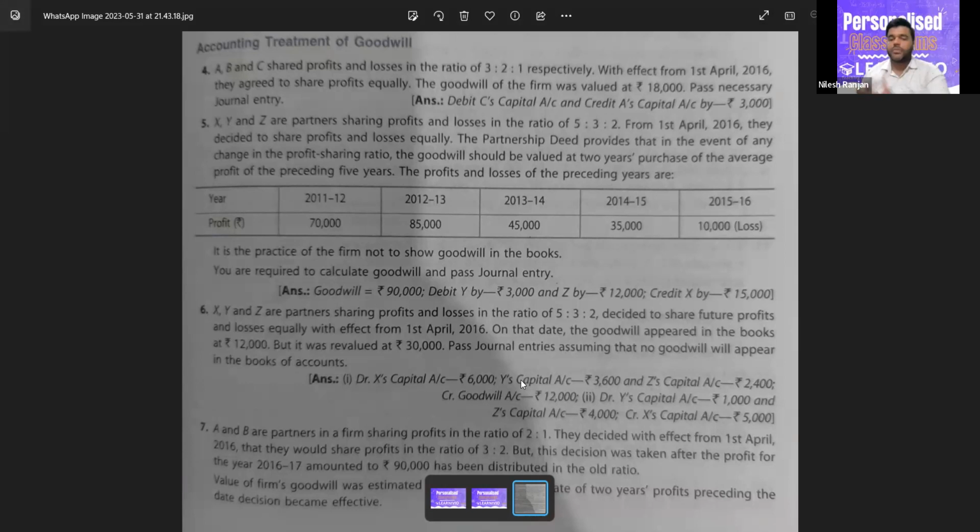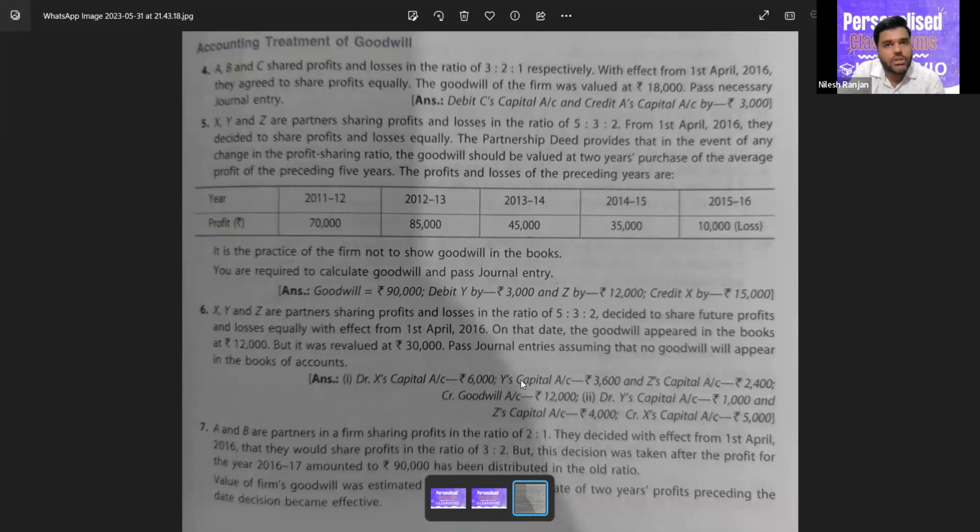Okay. Now, as we have already studied, goodwill is not recorded in the books until it is purchased. Okay, there are two types of goodwill: self-generated goodwill and purchased goodwill. We record only purchased goodwill in our books. Yes or no? Yes, sir. Okay, and what about self-generated goodwill?